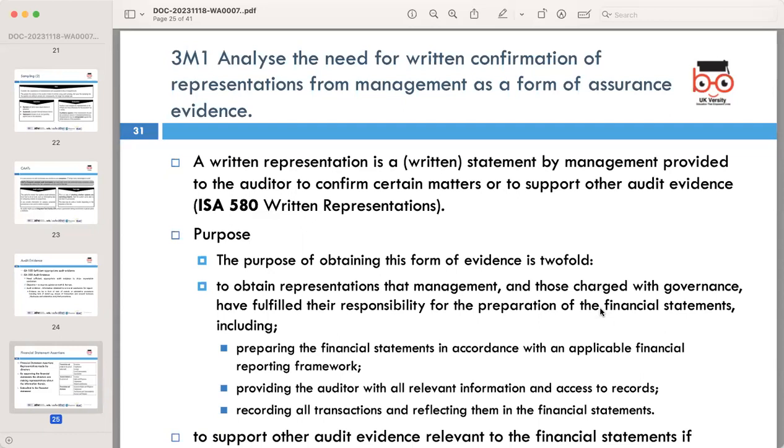They confirm that everything was done right in preparing the financial statements, and they can also help the auditor double check their work. It's all about making sure things are fair in the world of auditing.